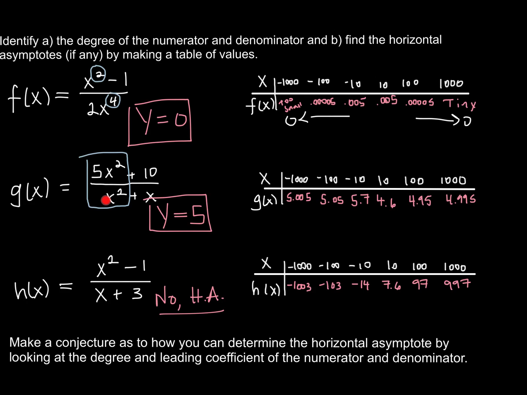X squared divided by x squared is always going to be 1 over 1. And so the value of this rational expression is always going to be 5 when I move far out to the right and far out to the left. So since these other pieces aren't going to matter that much, it should make sense that I end up with the horizontal asymptote y equals 5, because that's what the leading coefficients are going to be equivalent to for those big x values.